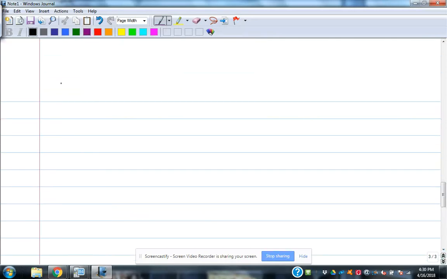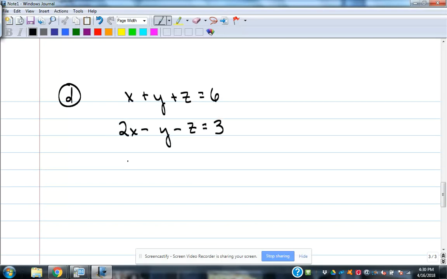Get to the shortest of problems in this particular set of things. x plus y plus z equals 6. 2x minus y minus z is 3. x plus 2y plus 2z equals 0.